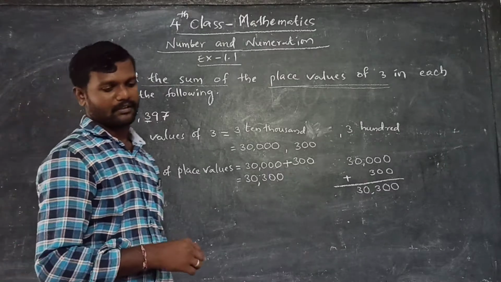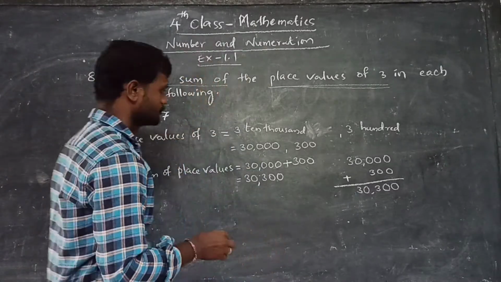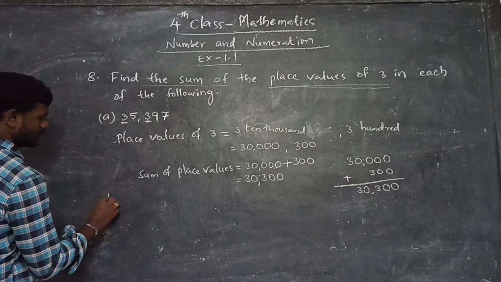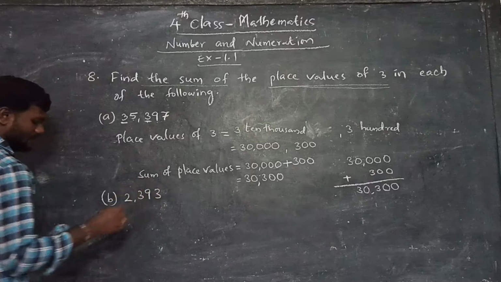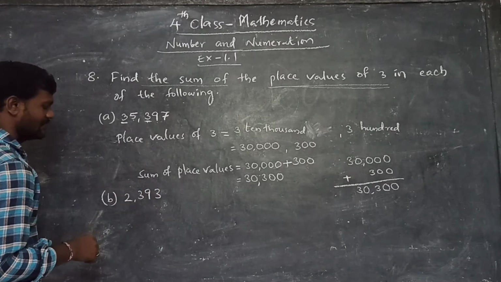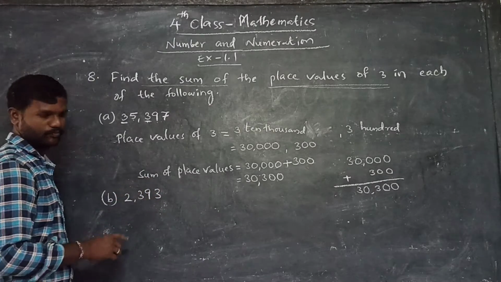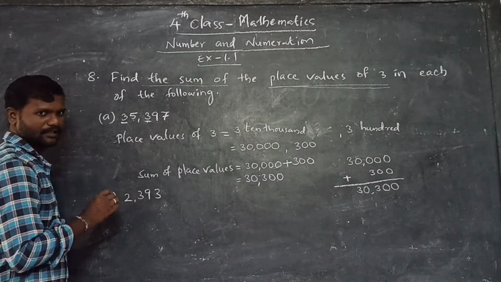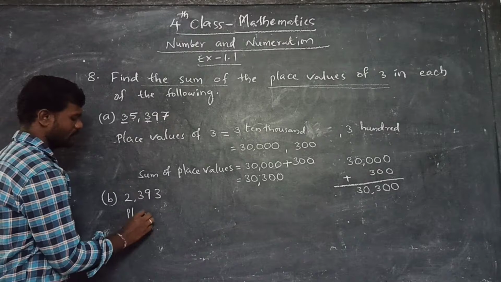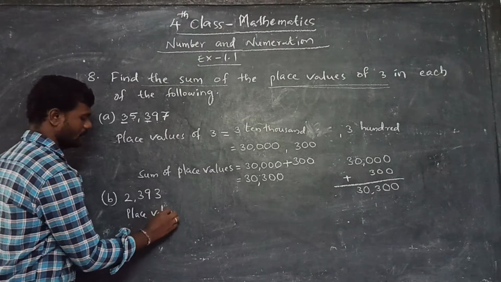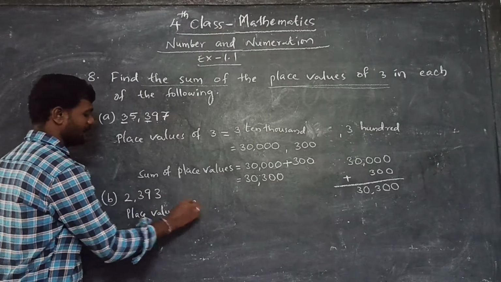Okay. Next, observe the second one. What is the second question? 2393. What is the number? 2393. First, what we have to write? Place values. Place values of which digit?